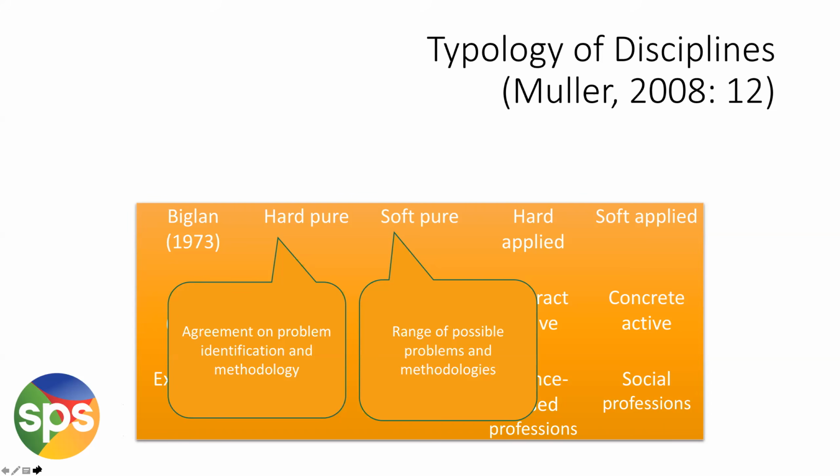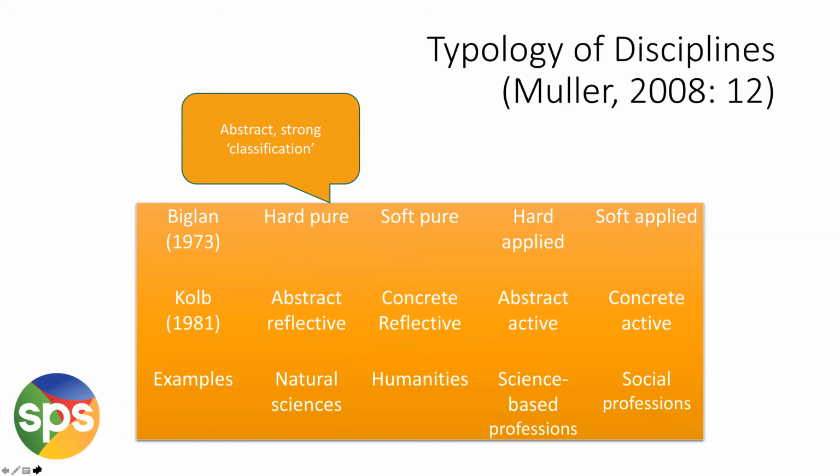And then, of course, we've got the second part of Biglan's differentiation, which is about whether fields are pure or applied. In terms of pure, we're talking about fields that are quite abstract. They are, to some extent, not directly related to the application of knowledge in the real world.